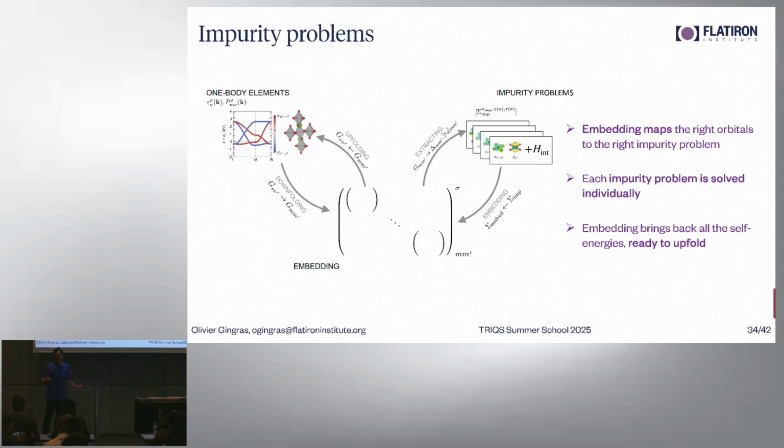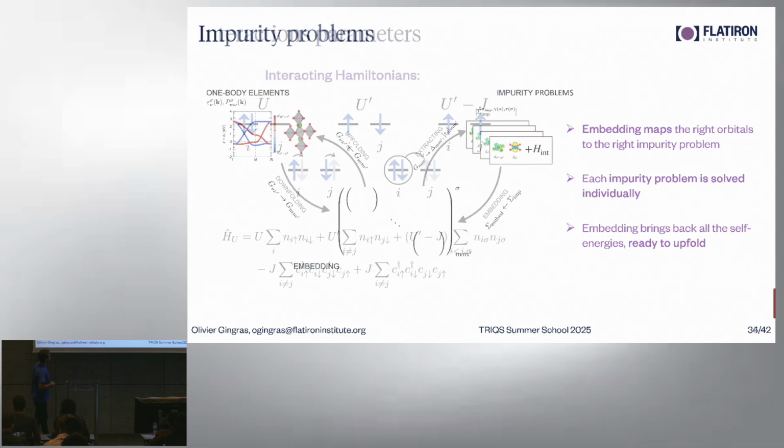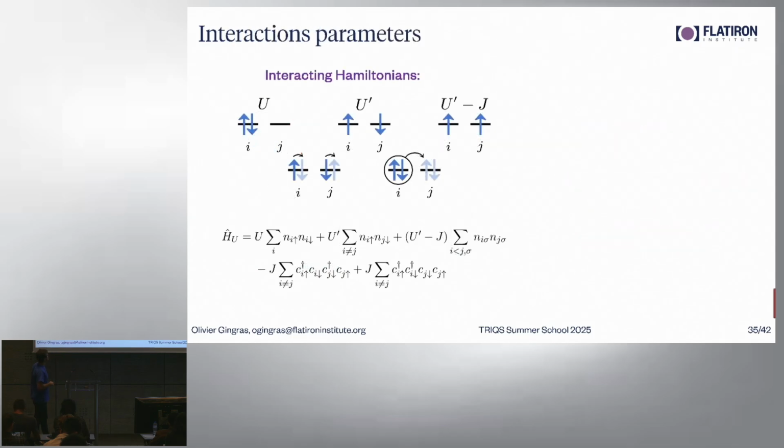All of this is kind of easy to do. And I just want to mention that typically in these realistic calculations, the Hamiltonian that we use is the Hubbard-Kanamori Hamiltonian here, which is just the generalization of the Hubbard Hamiltonian to multi-orbital, in a sense.